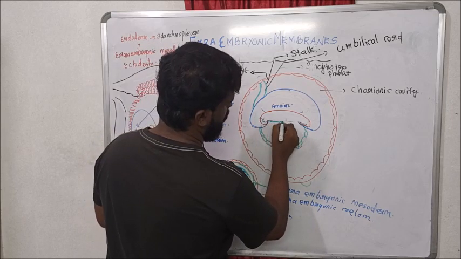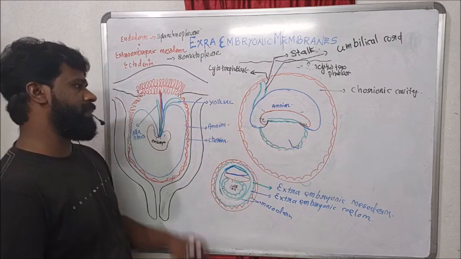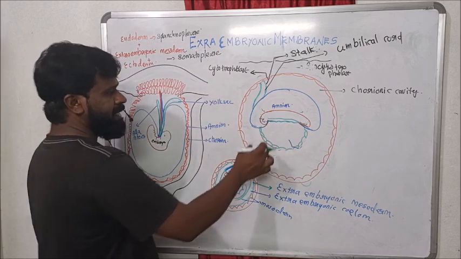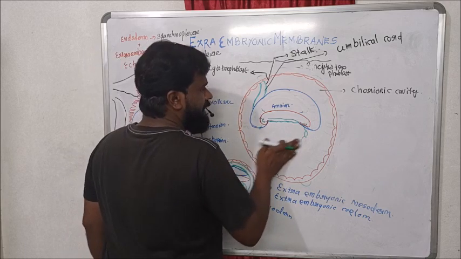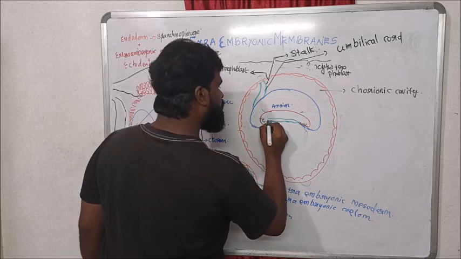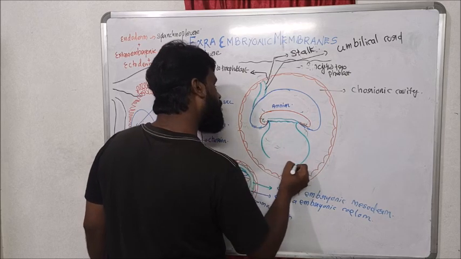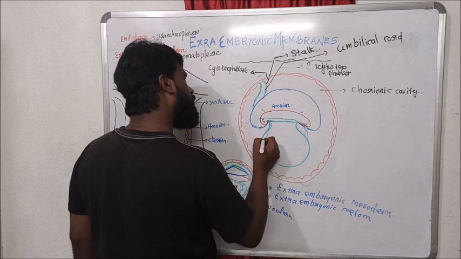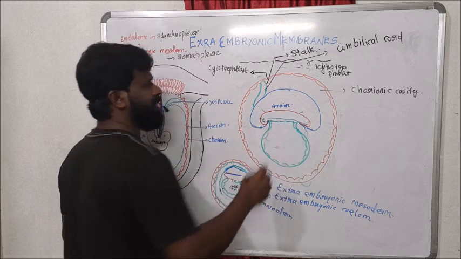This is the endodermal region of the embryo. This endoderm becomes the alimentary canal. See, along with the folding of the embryo, the yolk sac membrane also folds.